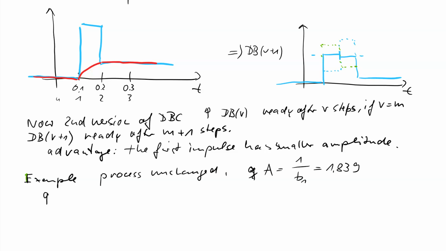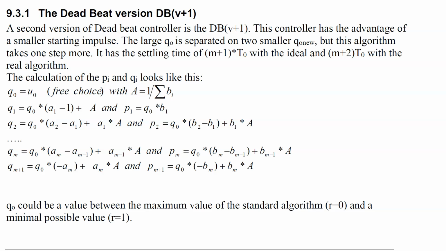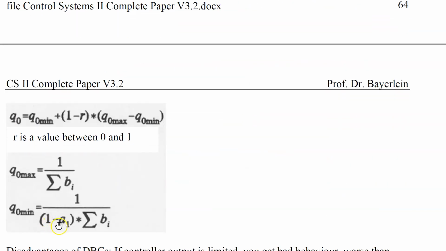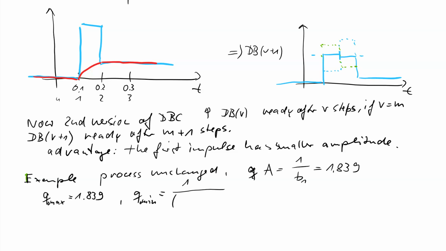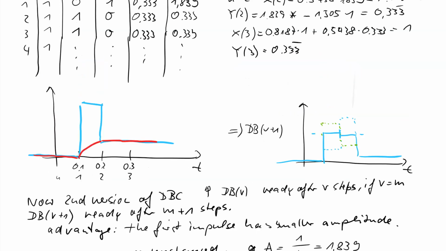Now we calculate that this Qmax is 1.839, and Qmin, or Q0 min, is 1 divided by 1 minus A1 times B1. In our case, A1 is negative, so we get 1 minus A1.